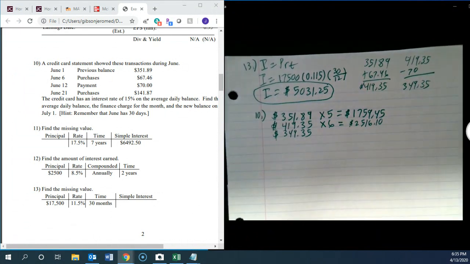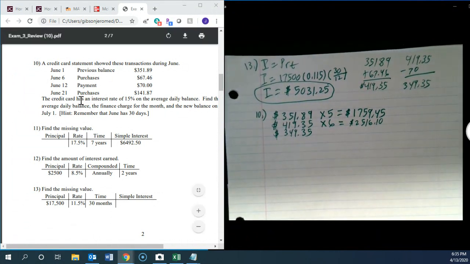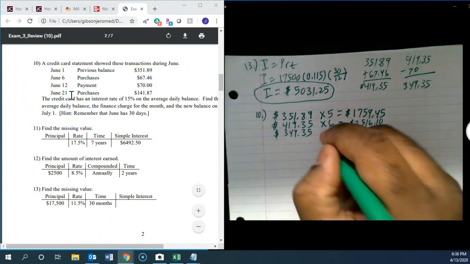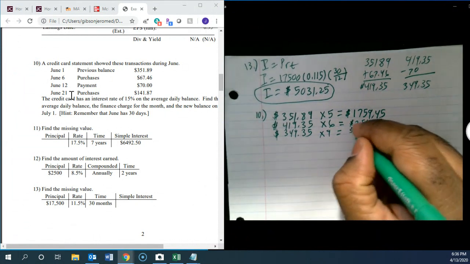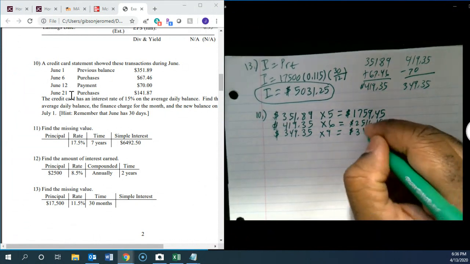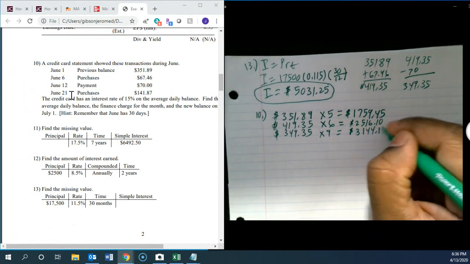Now we have to count how many days it is. It'll go basically from the 12th to the 20th. And if you add from the 12th to the 20th, that's 9 days. So we'll multiply that by 9, and that would give us $3,144.15.